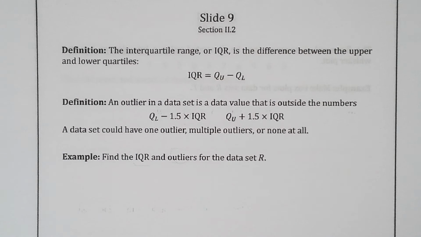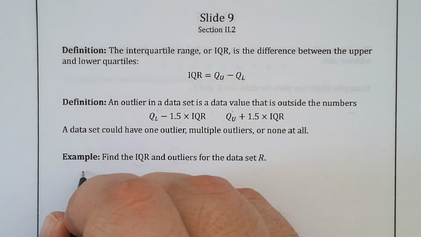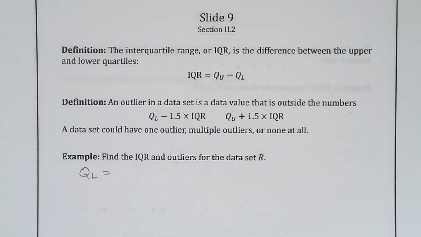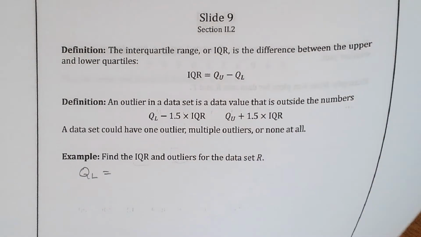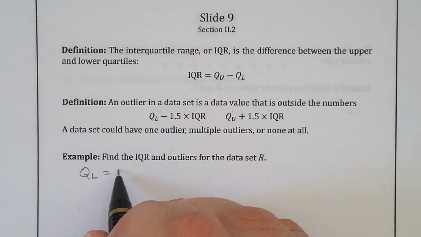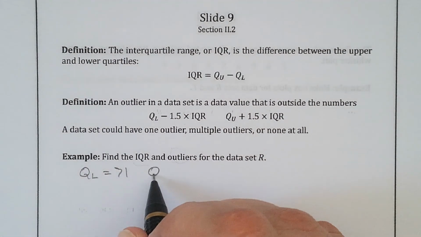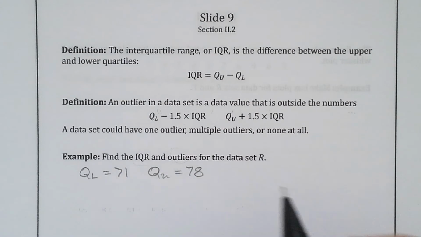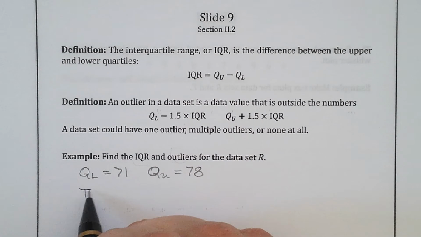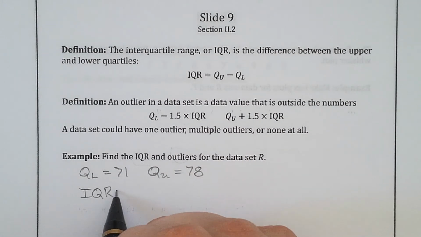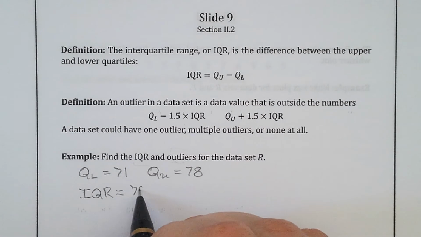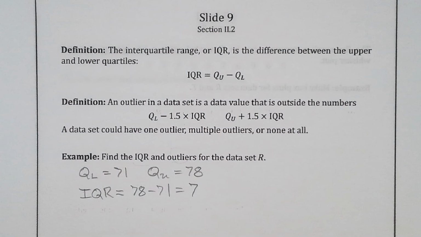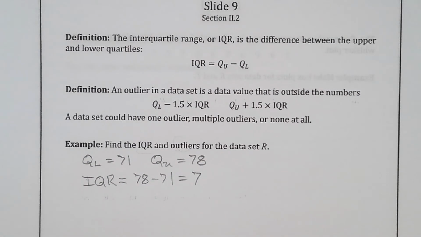Right, so the data set R, remember the lower quartile was 71, upper quartile was 78. So the IQR, the interquartile range, is 78 minus 71, which is 7. So that's part of the answer.